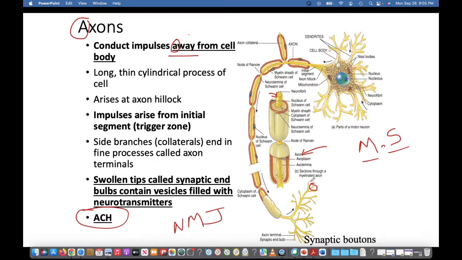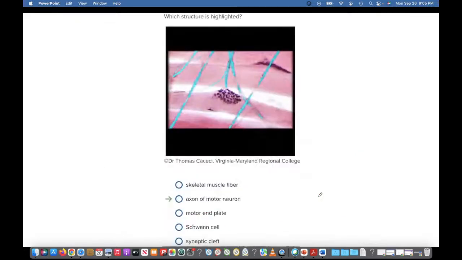And at the very end, this is what you learned in A&P 1, where you would have some sort of skeletal muscle here, and there has to be a way of transferring that neurotransmitter into this muscle to make it contract. And that's where you learned about actin and myosin and troponin and tropomyosin and how calcium came in and stimulated the release of acetylcholine, and there was a whole cascade of events that took place there.